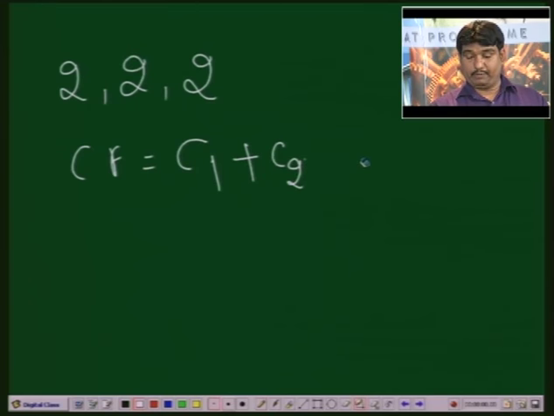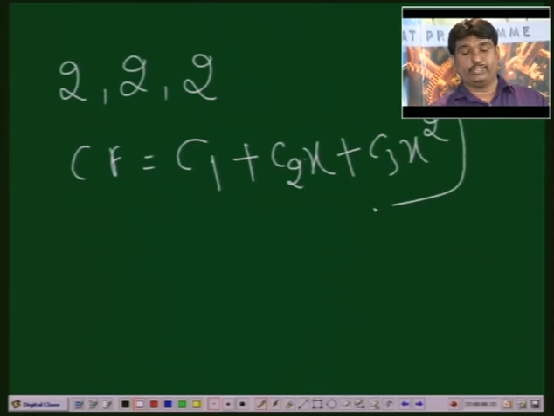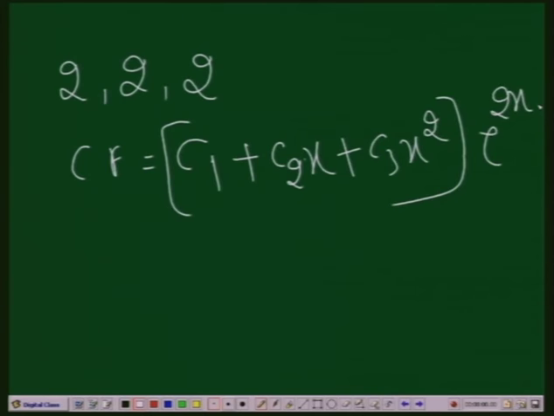X is the independent variable. These are 3 roots. If there are 4 roots, then one more, C4 into x cube into e to the power of 2x. So, you are familiar with this notation as well.